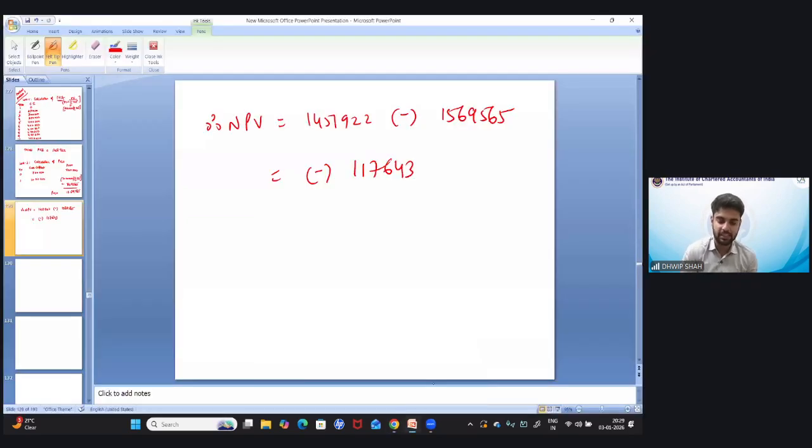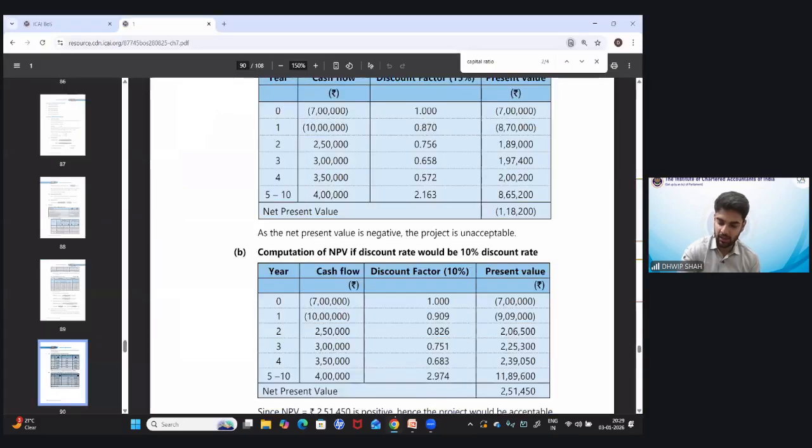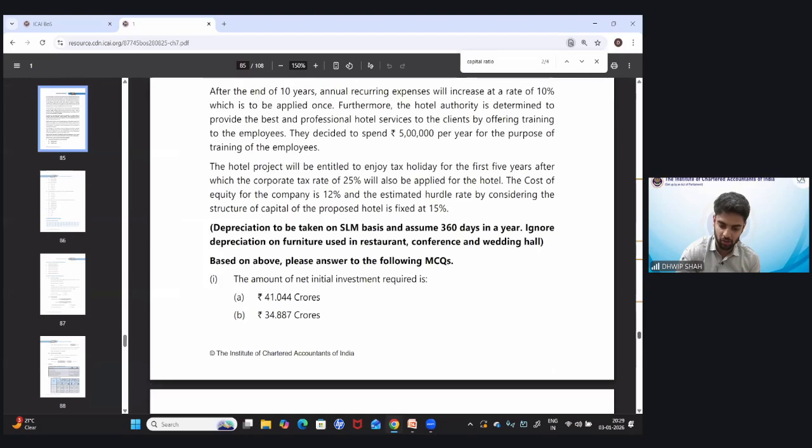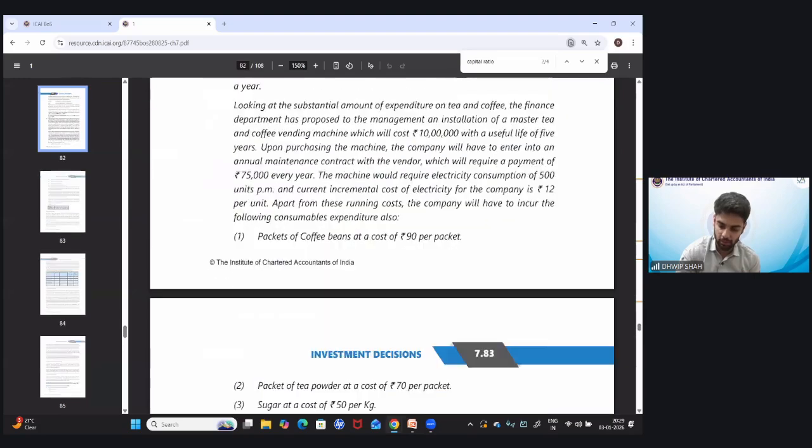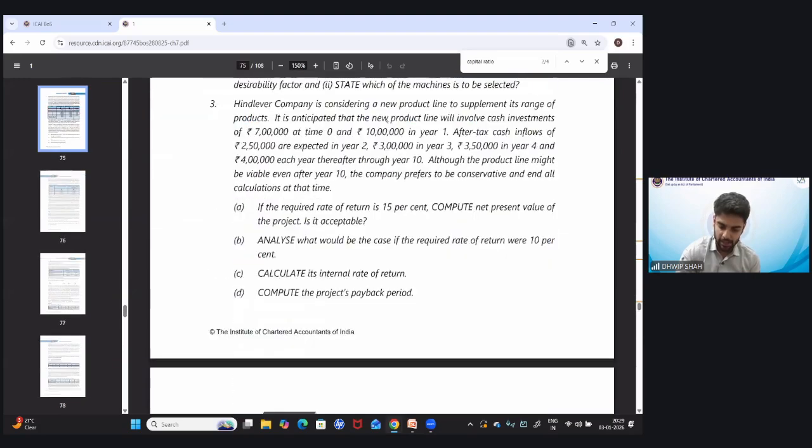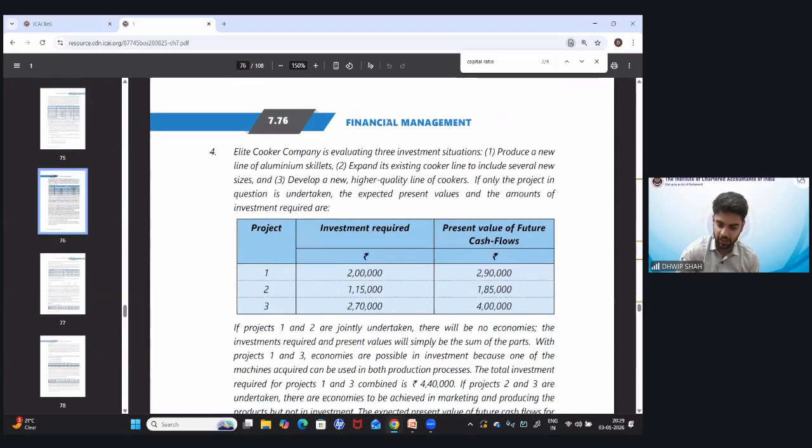Same part B says use discounting rate at 10% and find NPV. ठीक है. So again, I'm just now quickly going through the question and explaining you क्या steps follow करने हैं आपको. So part A is done. NPV at 15%.